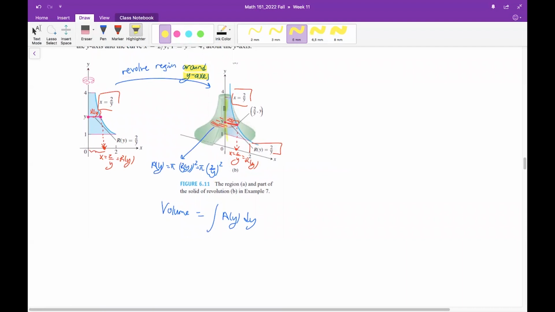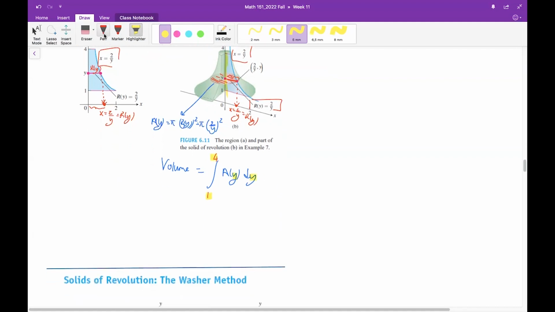This is your interval of integration now, from 1 to 4 on the y-axis. Everything is with respect to y. We should be careful about that. Okay, let's complete the computation. From 1 to 4, A of y is pi times the radius squared, where the radius is expressed in terms of y, so 2 over y, squared, dy.